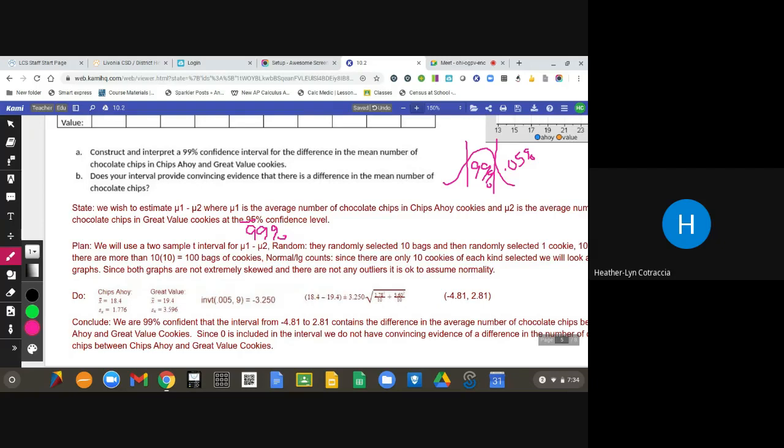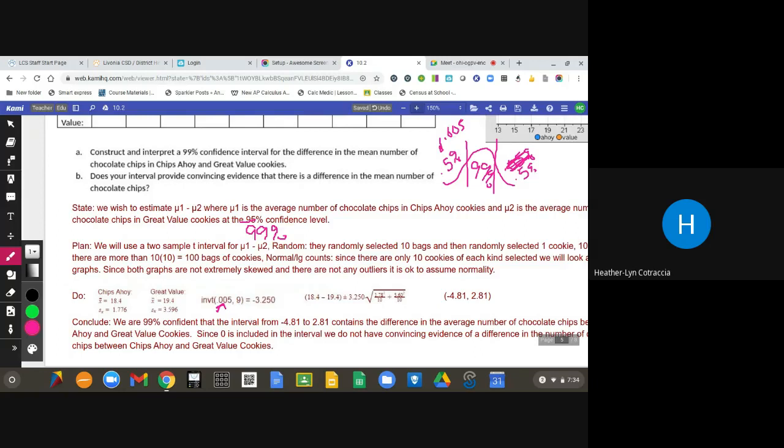Oh, I'm sorry, 1%. Half of 1% is 0.5%. And then 0.5% as a decimal would be 0.005. Okay, and that's where I came up with that area right there.